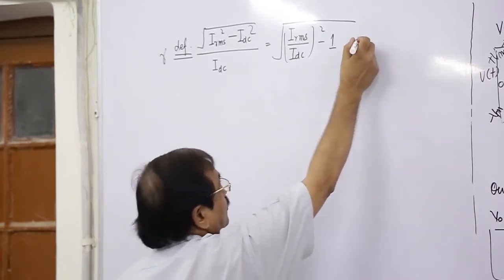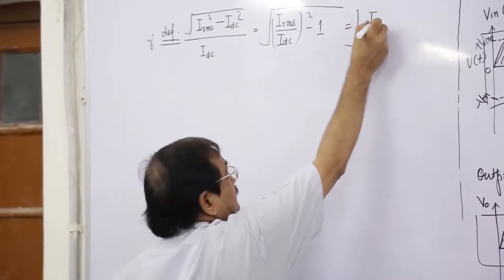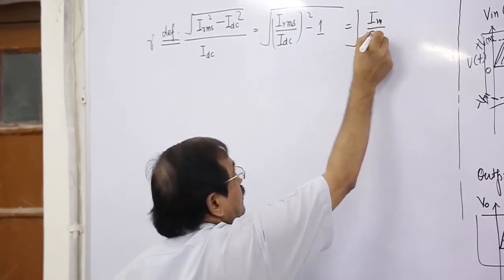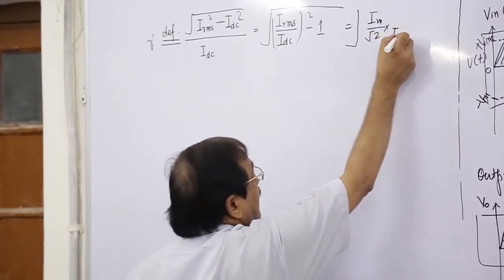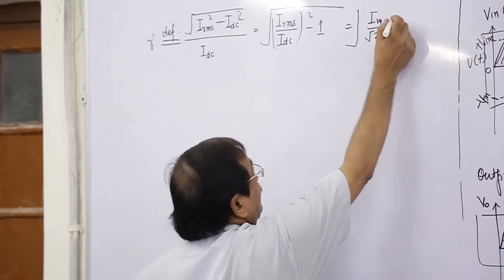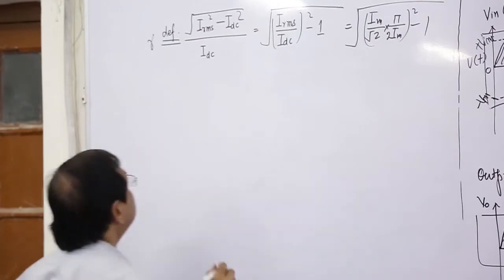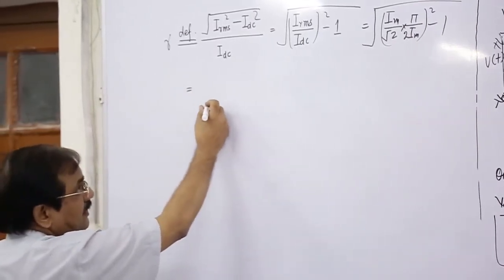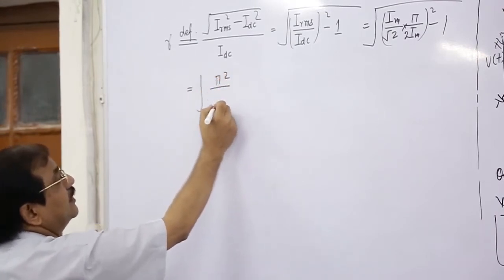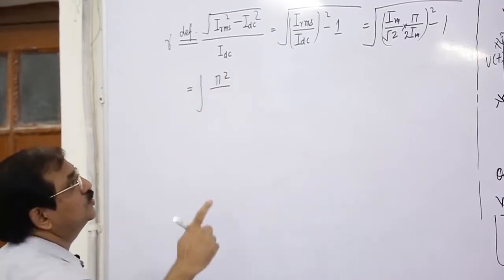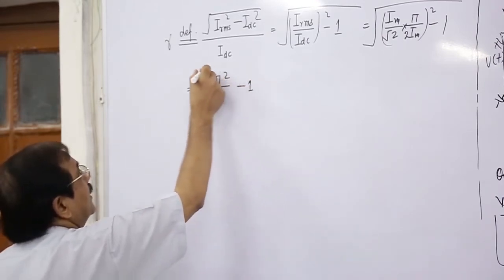Substituting the values, IRMS is Im upon under root 2, and IDC is 2 Im over pi, whole square minus 1. Im cancels, and this is pi square upon 2 square into 2, that is 8, minus 1.